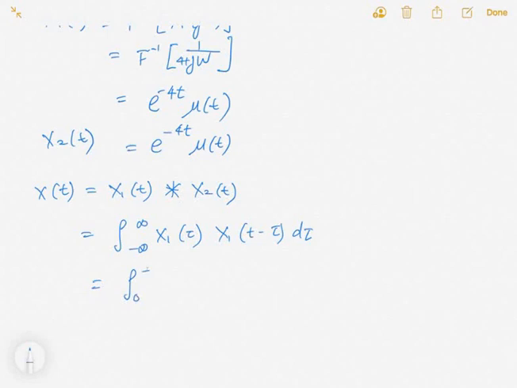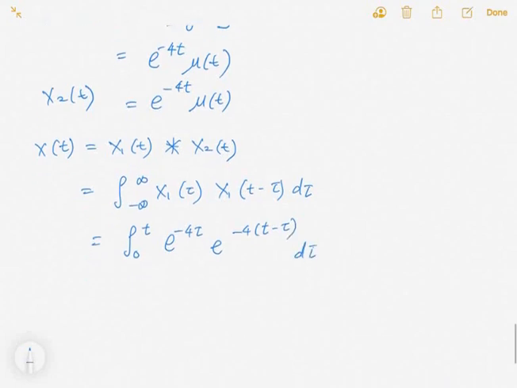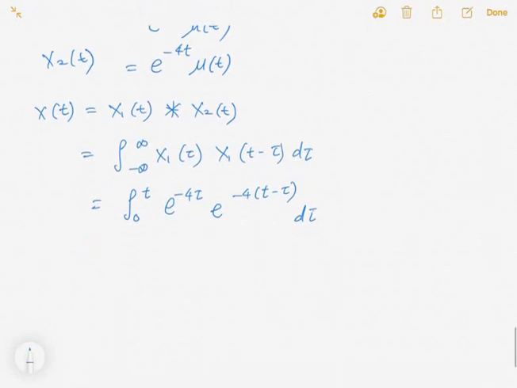So it's from 0 to t. x1(tau), you get exponent negative 4 tau, and then exponent negative 4(t minus tau). This is quite similar to the previous chapter, for the convolution, chapter 2, if not mistaken. Okay, so you continue with this one.